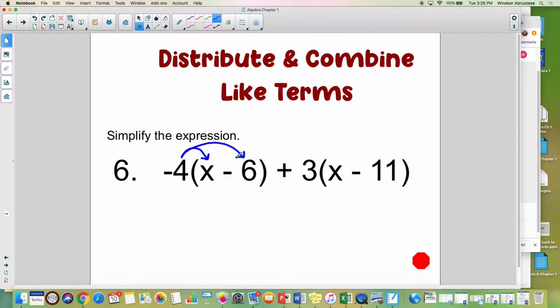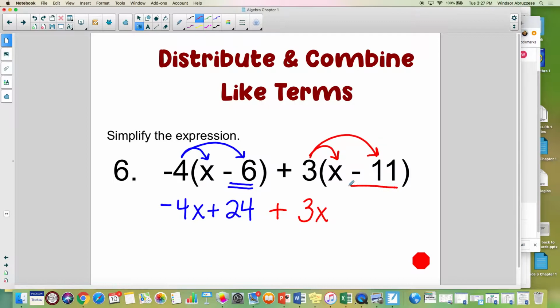You get negative 4 times x, which is negative 4x. Negative 4 times a negative 6 is a positive 24. Plus, now I'm going to distribute the second half of the expression. 3 times x, which is positive 3x, and 3 times a negative 11, which is negative 33.